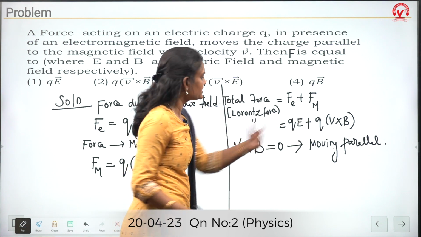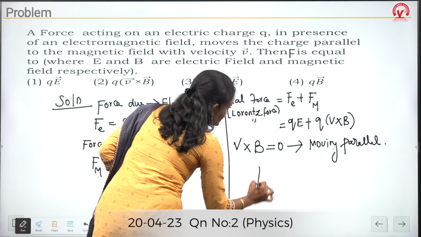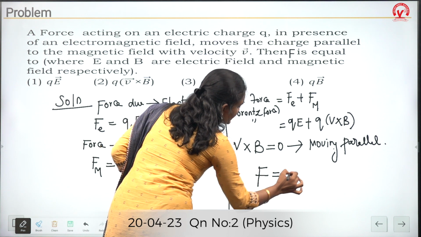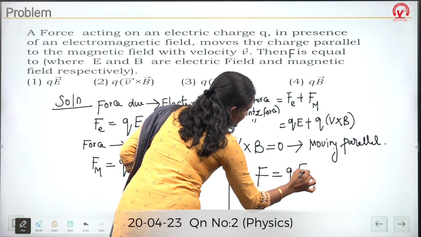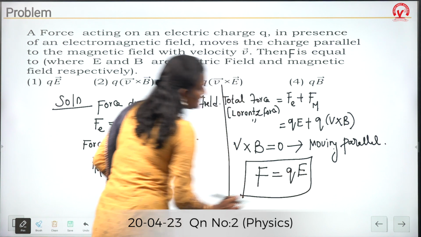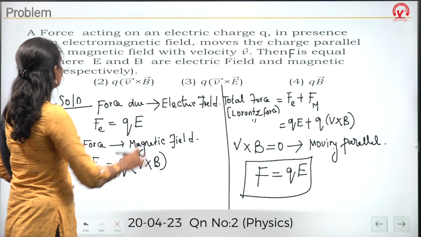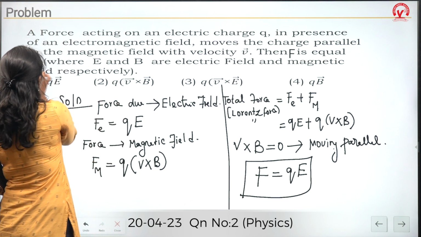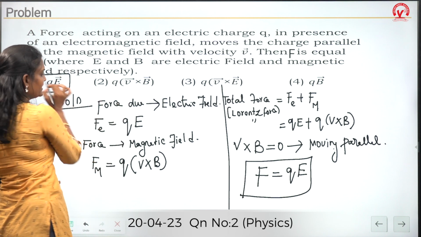I am going to substitute this in the equation. So the Lorentz force F is equal to QE. Force is charge into the electrical field applied. So the option here is number 1, Q into electrical field.